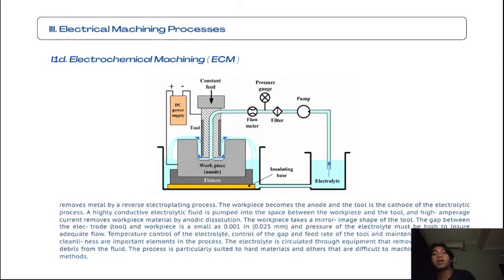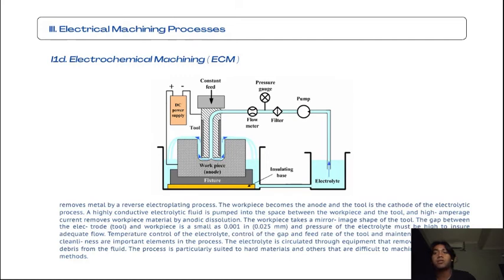The gap between the electrode tool and the workpiece is as small as 0.025 mm, and pressure of the electrolyte must be high to ensure adequate flow. The temperature control of the electrolyte is important to control of the gap and feed rate of the tool, and the maintenance of the electrolyte is an important element in the process.